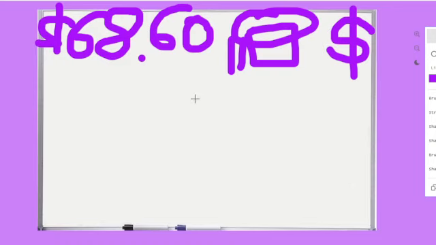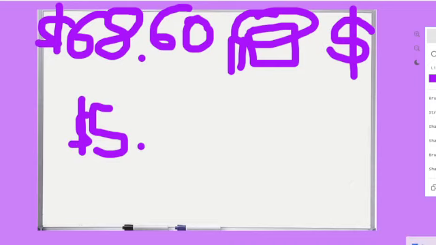And you buy one superhero action figure, which equals $5 and 80 cents.